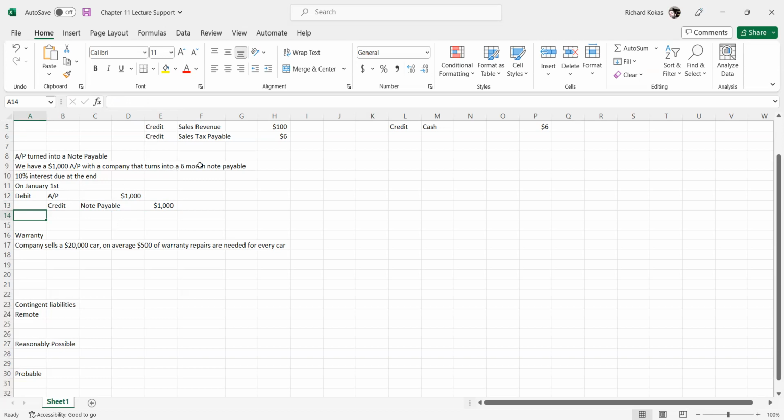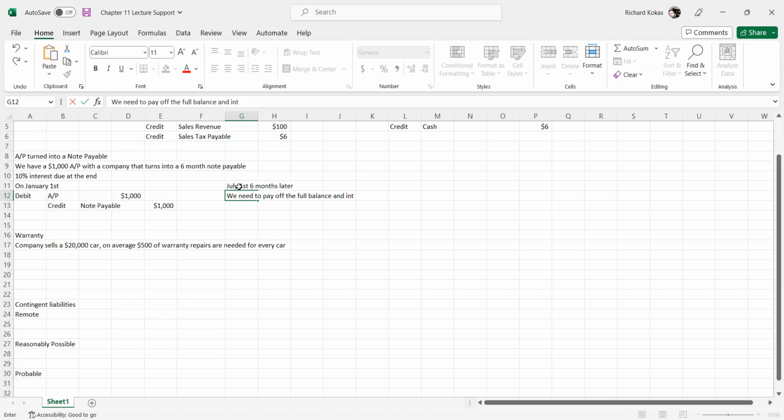Now we have 6 months to pay it, and there's 10% interest that comes with this. So 6 months later, when would that bring us? January 1st is when it starts. So February 1st, 1 month, March 1st, April 1st, May 1st, June 1st, July 1st. So July 1st, 6 months later, what do we need to worry about? We need to pay off the full balance and interest.